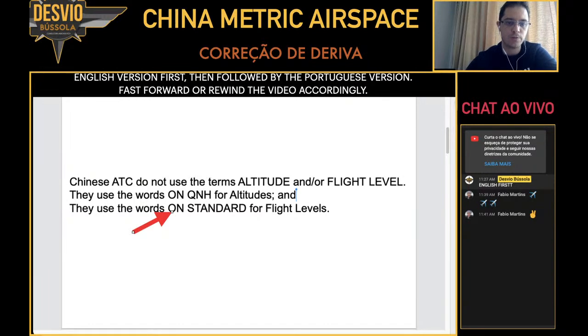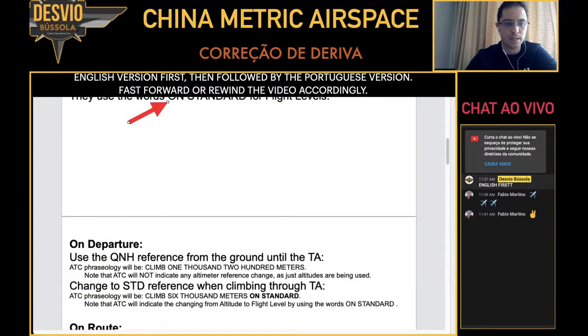So when you are flying flight levels, you will be on the standard scale, and that's why they use the words "on standard." How it works, I will show you right now.